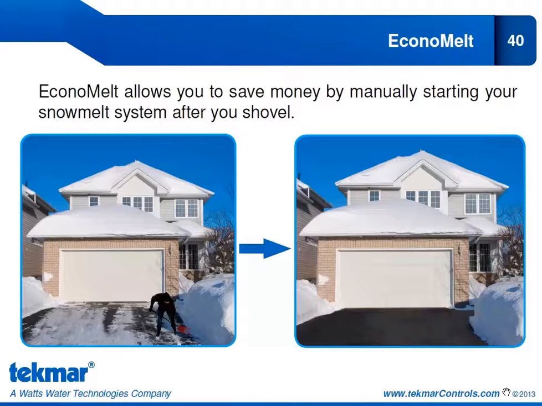However, you still benefit from the automatic stop. So you'll still be using your sensor to provide that automatic stop when the sensor is dry and the add melt time has expired. Advantages to that are the system does not stay on for longer than it has to. It's not stopping too early, but it gives you some control over your operational costs by providing that option of shoveling before you start your snowmelt system.